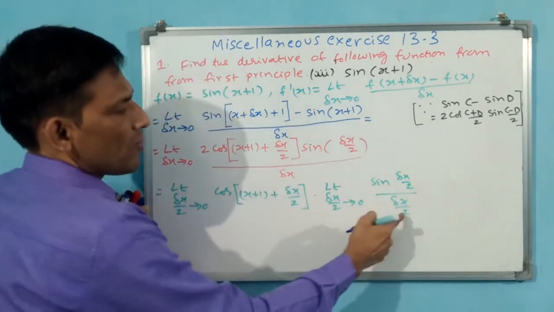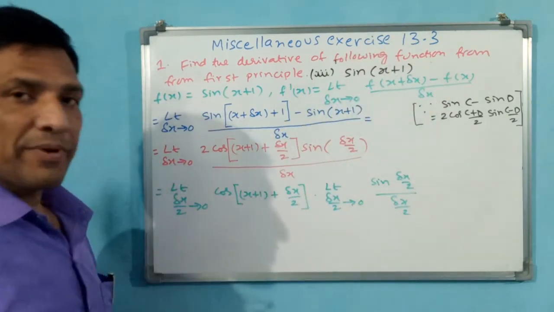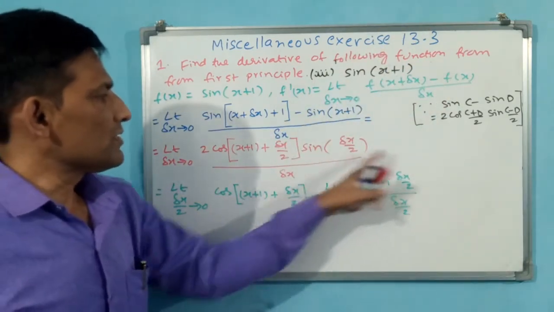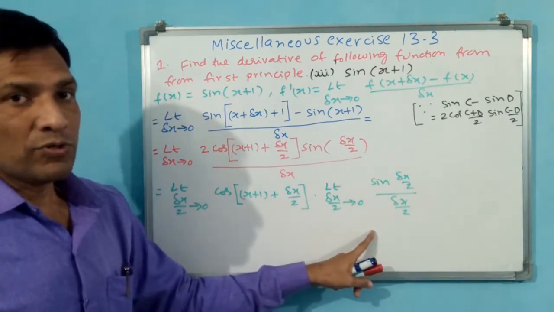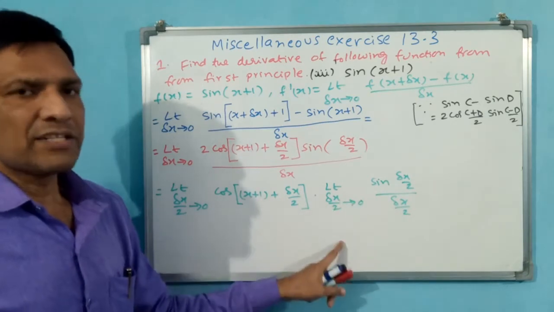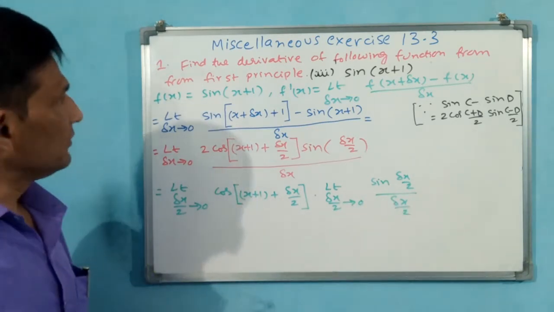You see delta x is there. How has 2 come? See, this 2, divided by 2 both numerator and denominator. Now this is going to become 1. Limit x tends to 0, sin x by x is 1, from the sandwich theorem.